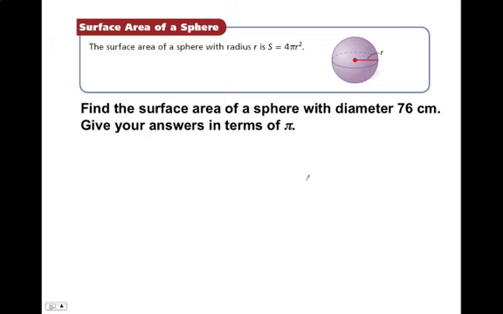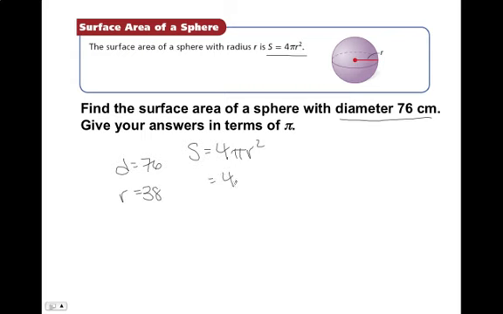Let's look at a sphere. This formula is also on your formula chart, so hopefully you're seeing the importance of having your formula chart in class. So to find the surface area of a sphere, we do 4 times pi times radius squared. So if we're given the diameter is 76, we want to write our formula. We're given the diameter is 76, so that means that our radius is 38 centimeters.